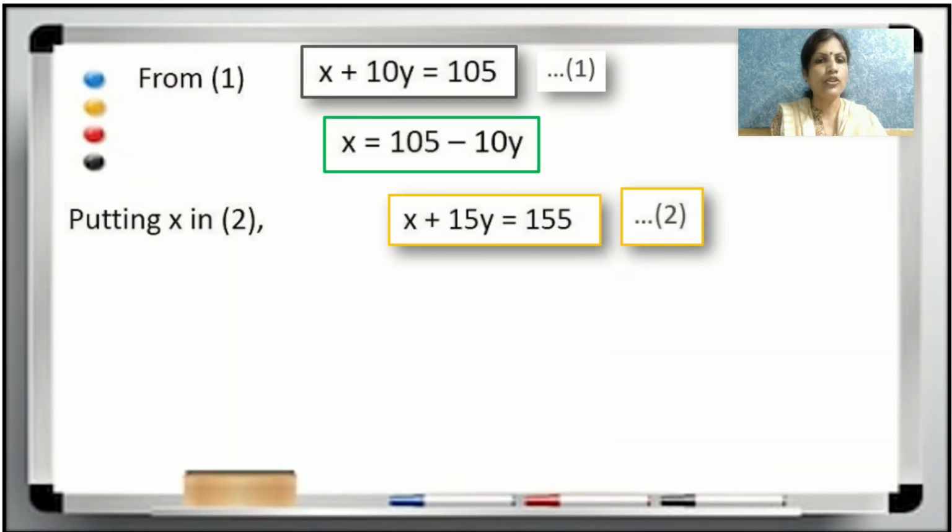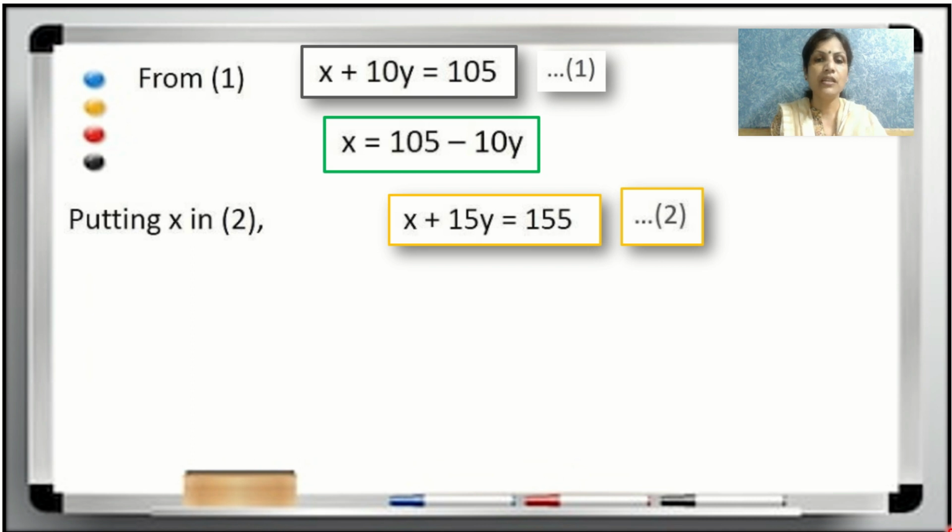From equation 1, that is x plus 10y is equal to 105, we can write x is equal to 105 minus 10y. This value we will substitute in equation 2, which is x plus 15y is equal to 155.